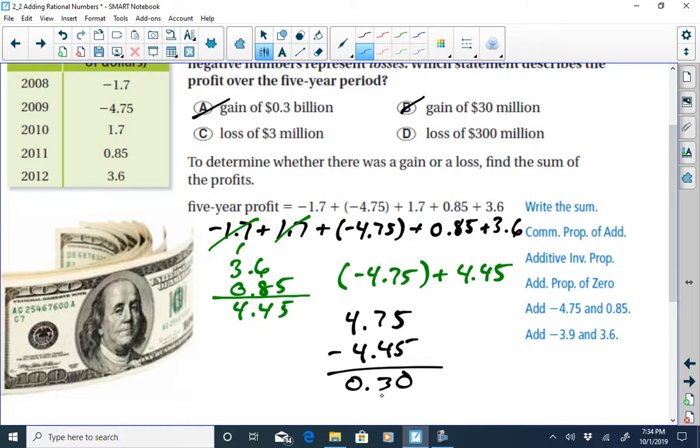That's 30 hundredths of a billion, or 3/10 of $1 billion. But that is going to be negative, because we have more negative than we do positive. So we have a loss of 3/10 of $1 billion. Well, $1 billion is 1,000 million. And if we have a loss of 3/10 of 1,000 million, that's going to be answer D.